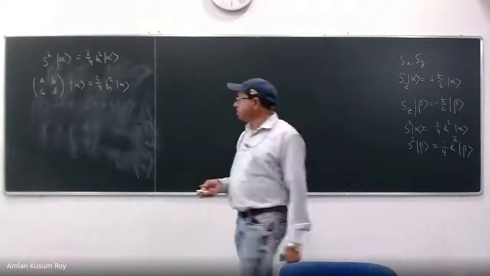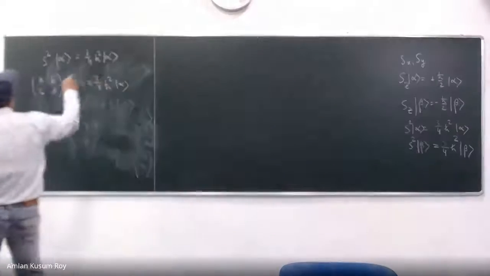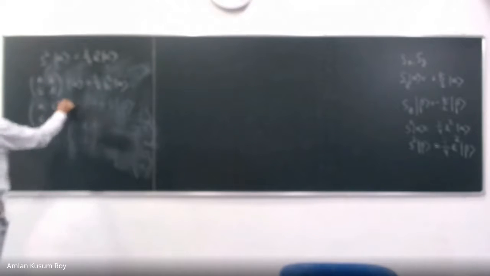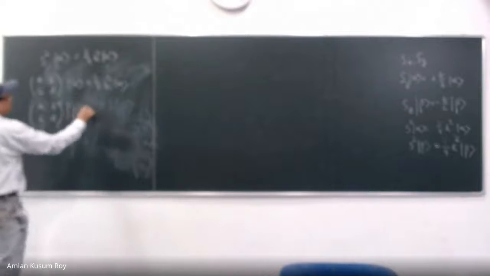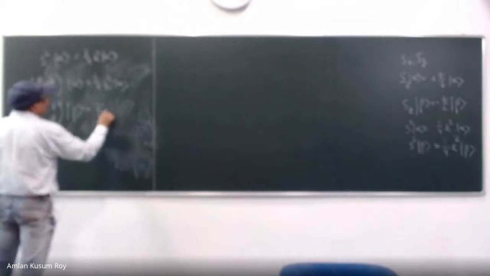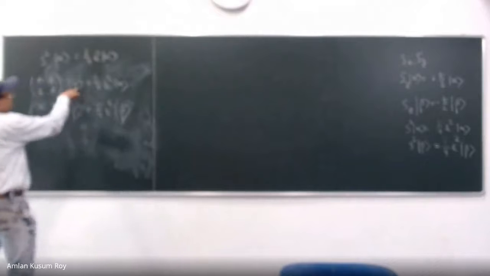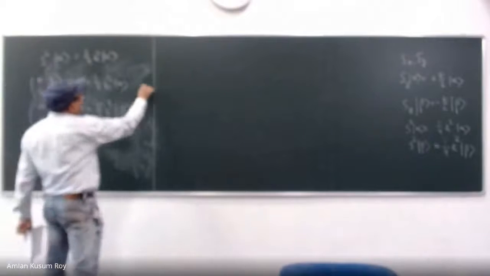So I have two equations. S square alpha is equal to 3 by 4 H cross square alpha, and S square beta is equal to 3 by 4 H cross square beta. Wherever alpha is written, you write it in the matrix form.